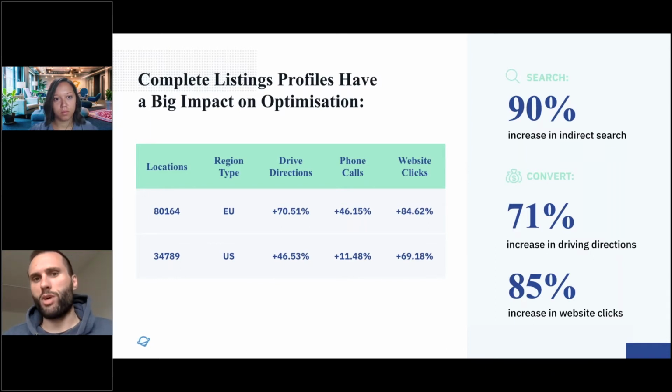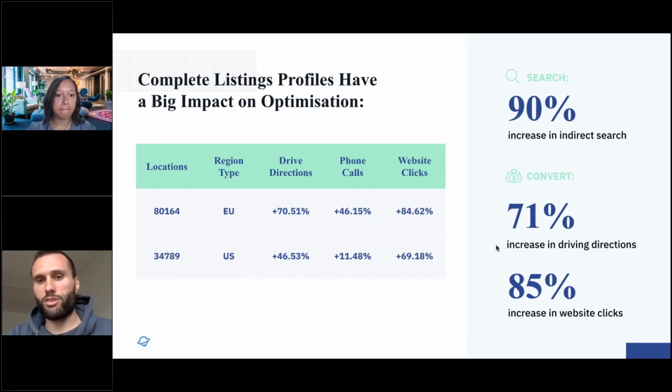What we found, on average across the 115,000 locations we analyzed, was that for those with 100% accuracy, indirect search increased by 90%. There was also an impact on conversions: a 71% increase in driving directions and an 85% increase in website clicks.